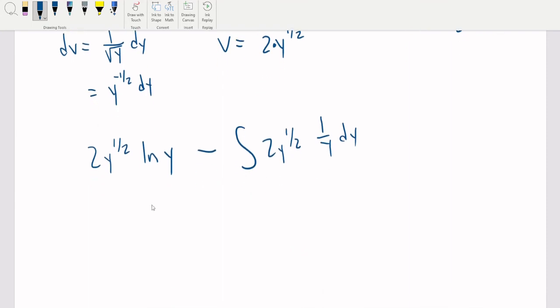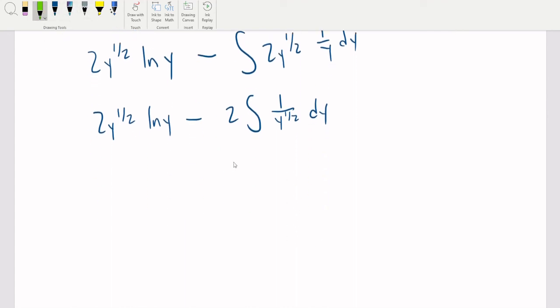All right, let's clean this up. 2y to the 1/2 ln y minus, take the 2 out, 2 times the integral, and then I have half a y on top. I've got a full y on bottom, so that's 1 over y to the 1/2 dy. Okay, so then just doing this off to the side a little bit. This right here is really the integral of y to the -1/2 dy.